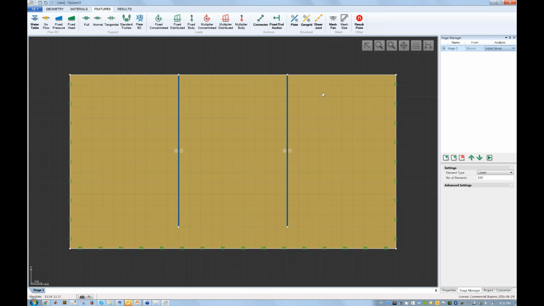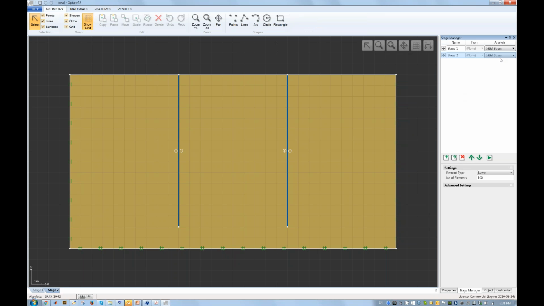So this was our initial situation, and then we want to start excavating, and in order to do that, I clone the stage. And what is an excavation? Well, that's removal of material, and that's the way it is in real life, and that's the way it is in OptumG2 as well.